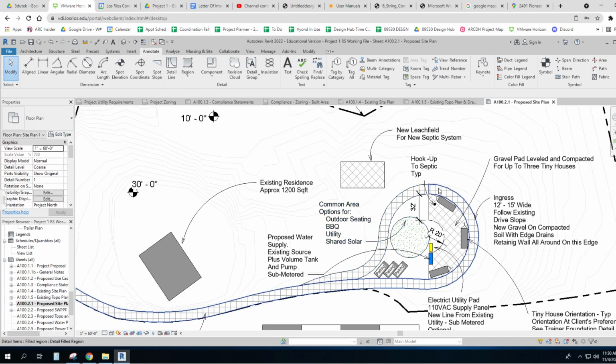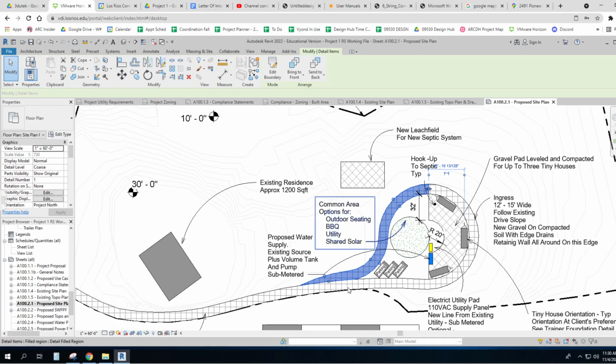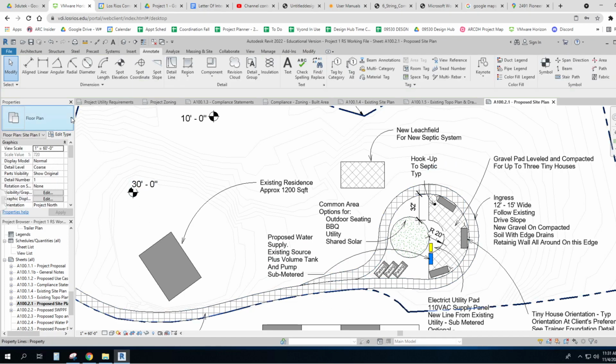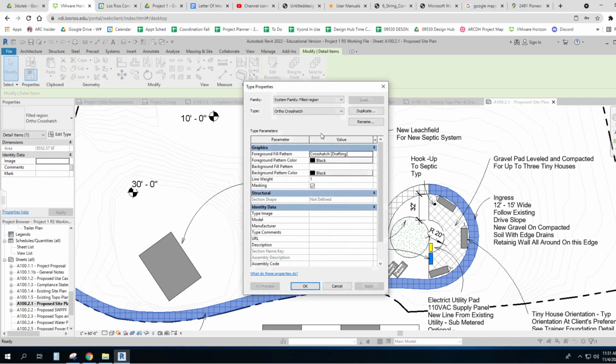And I went in, and instead of editing this one, because it does get hard down here, I just made a new one. And I think I also showed you how to make a new hatch. Right, to duplicate it. I believe so. Yes.